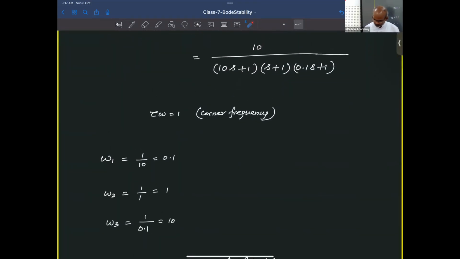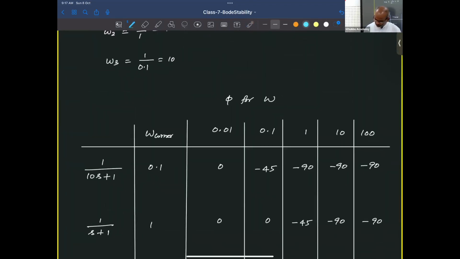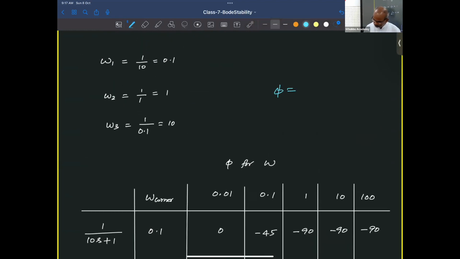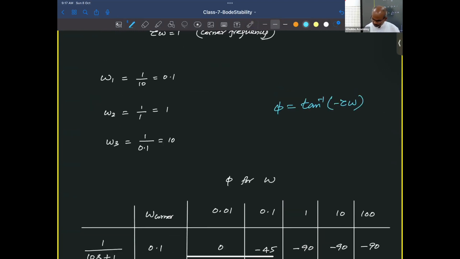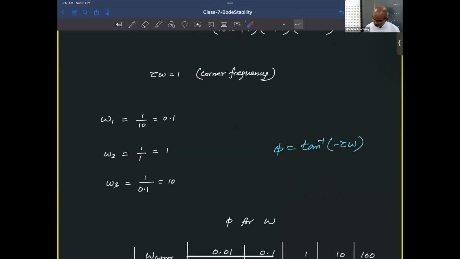Maybe one simple calculation we'll do. What is the phase angle for your first order system? It is tan inverse of minus tau omega. And always at the corner frequency, tau omega equals 1.